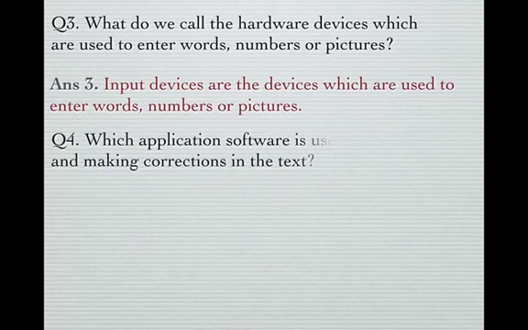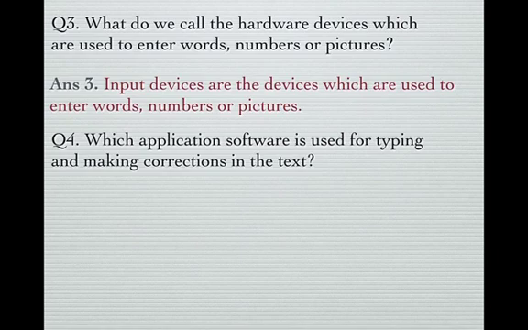Question 4. Which application software is used for typing and making correction in the text? Now, text means the letters that you are seeing on the screen. These all are called text, right? Now, which software you will use for typing and making corrections? Actually, there are many application software, okay, where you can type and you can make the correction.